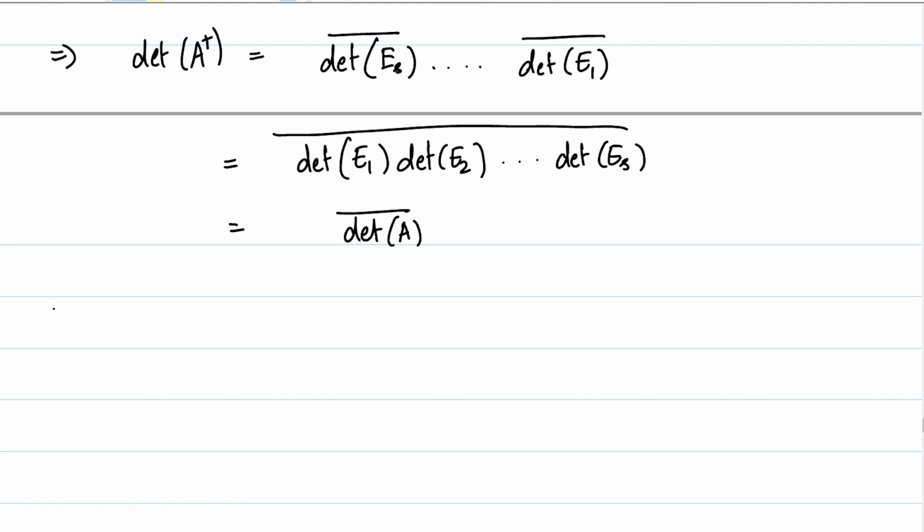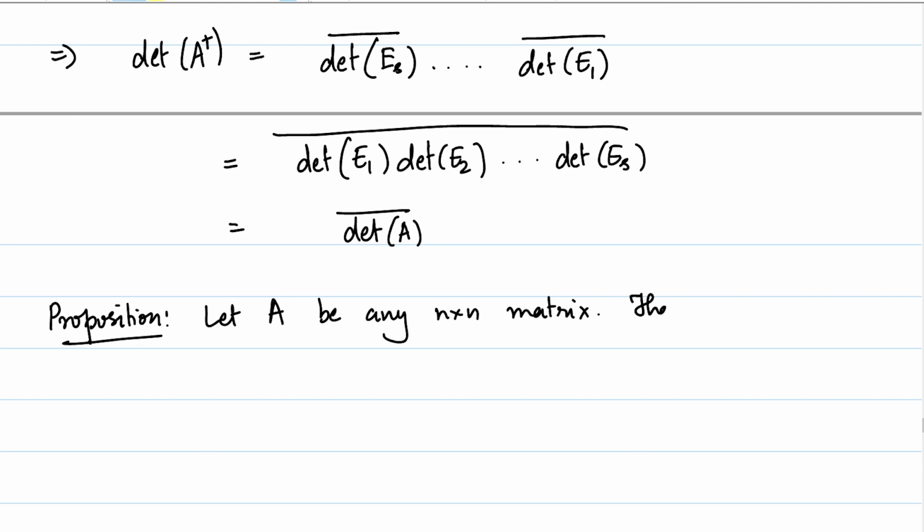Hence, what we have concluded is the following proposition. Let A be any n cross n matrix, then the determinant of A adjoint is equal to the conjugate of the determinant of A. This is what we have concluded just now.